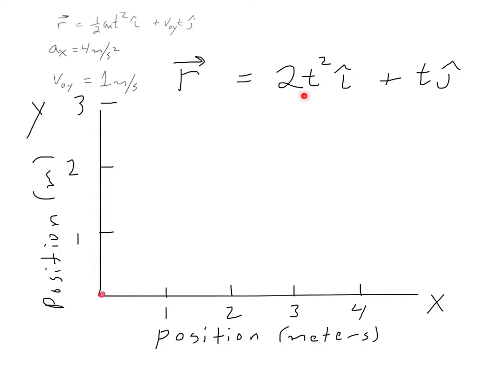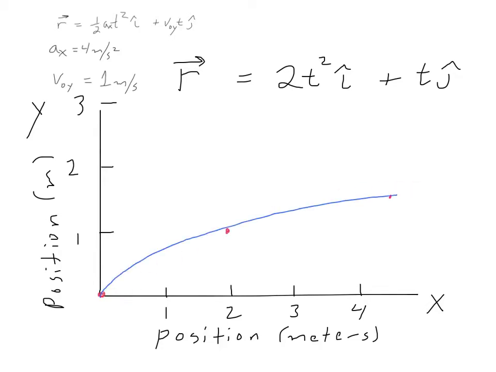Now notice when I plug in 1 second here and 1 second here, I'll get 2 on the x-axis and 1 on the y-axis. And I had originally planned to plug in 2 next, but then I realized I didn't have enough room on my graph, so next I'm going to plug in 1.5 seconds here and 1.5 seconds here, and then we get this parabola shape.